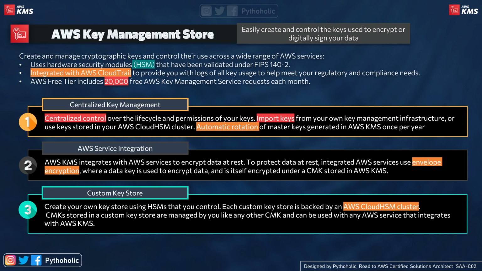I know it's a bit of an exaggeration, but you can check the list of supported services in the documentation as well. But the most important thing that makes KMS so secure is that it uses hardware security modules, that is HSM, that have been validated under FIPS 140-2. FIPS 140-2 are security requirements that a cryptography module must meet, in other words a standard that it should meet.